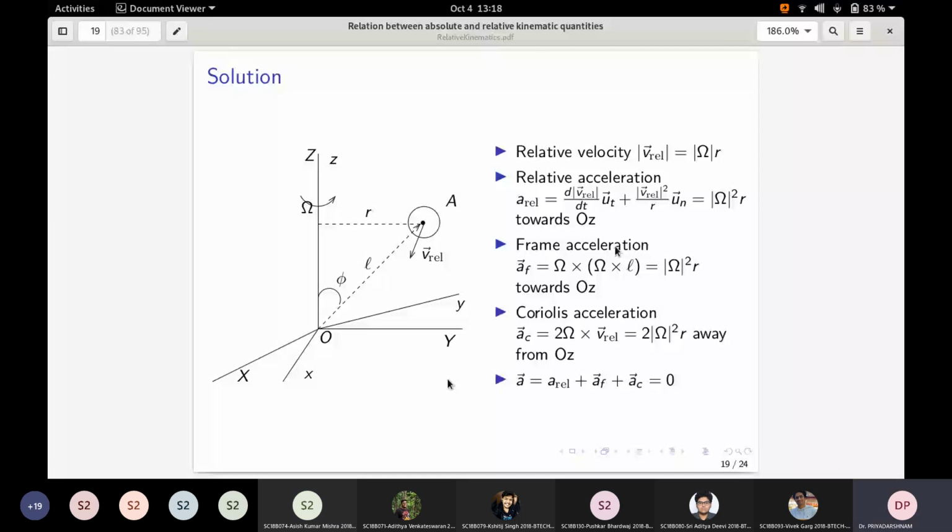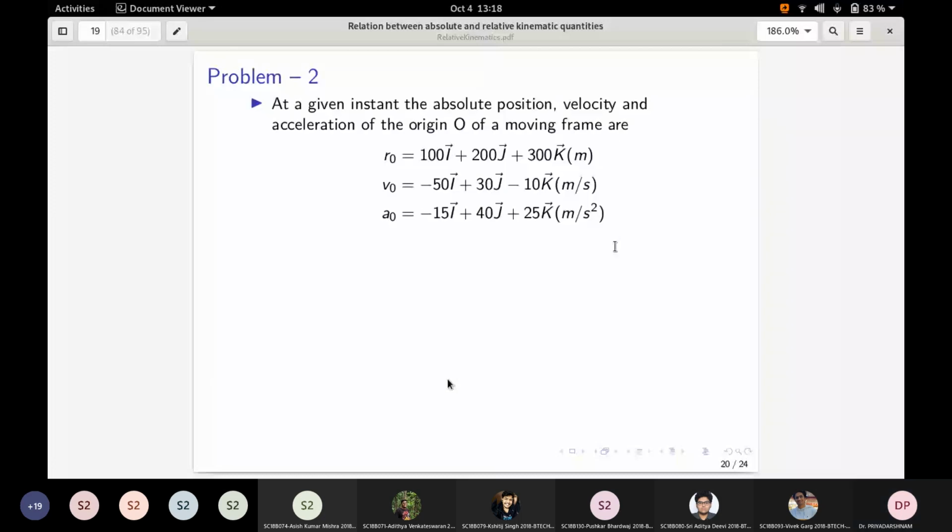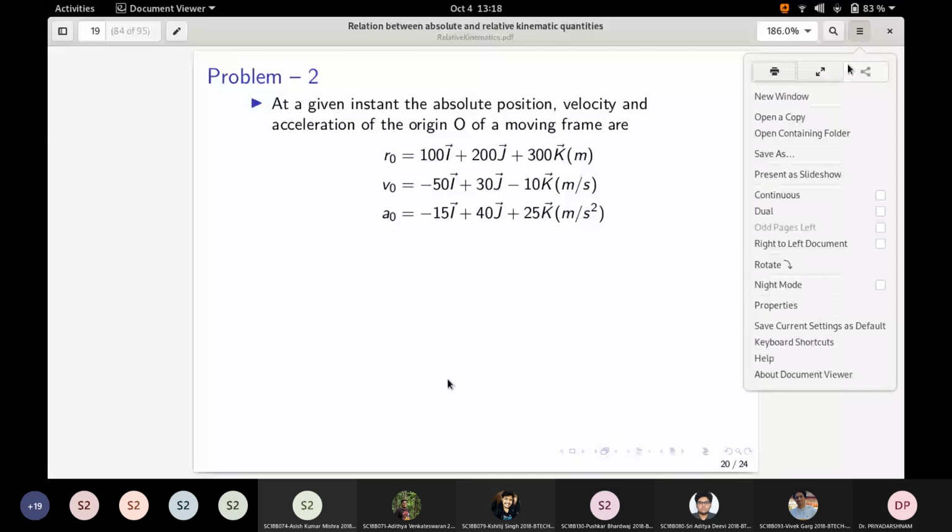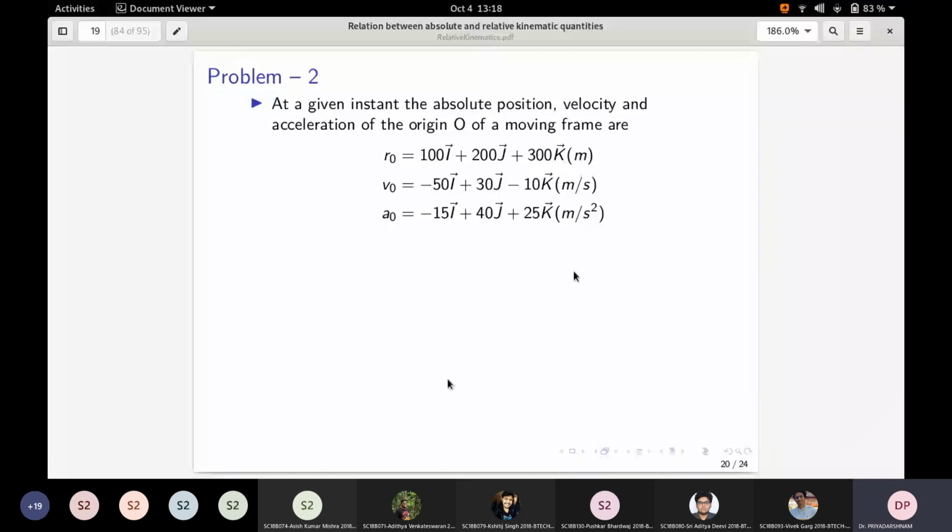Okay, take this example and then do whatever we did earlier. I will give you 5 minutes. I will open 2 windows. Imagine that R0, V0, A0 are given.